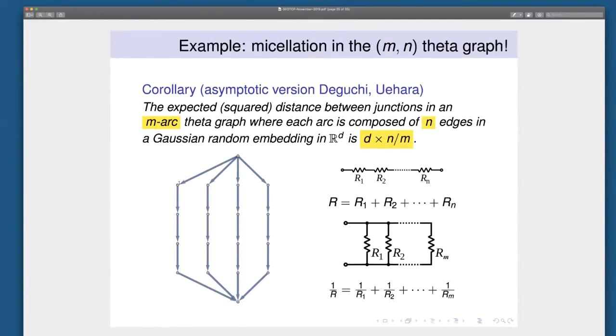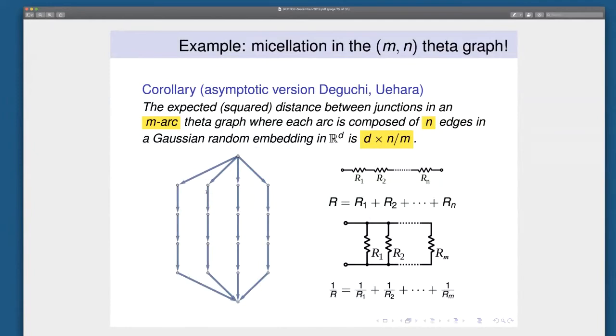And each one of them has N monomers, or N persistence lengths of monomers, going from start to finish. And the question is, what is the expected squared distance between the junctions? We already know if this was a ring polymer, we'd expect these 2 points to be closer than they were if they were just the ends of a linear polymer that was half as long.